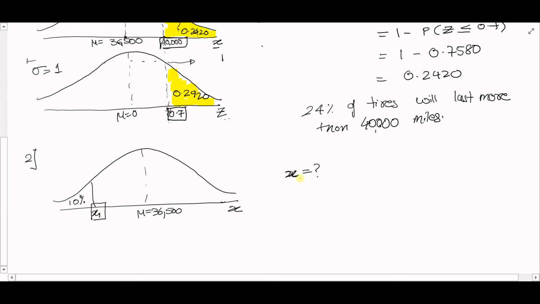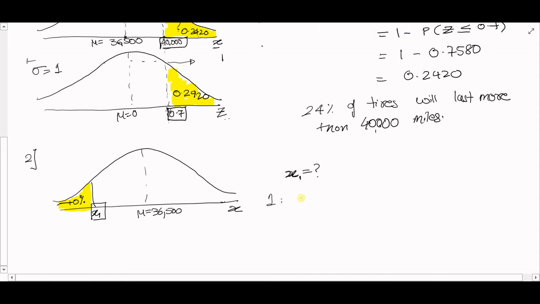And we want some x. So let's say x1. We want to figure out x1 such that this area to the left of x1 is 10%, right? Now notice, we are given the area and we would like to figure out the x. The steps remain the same.